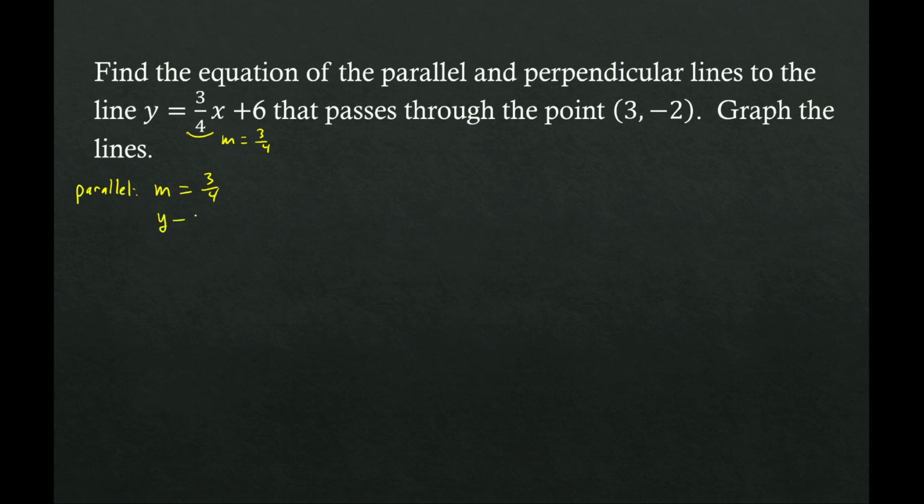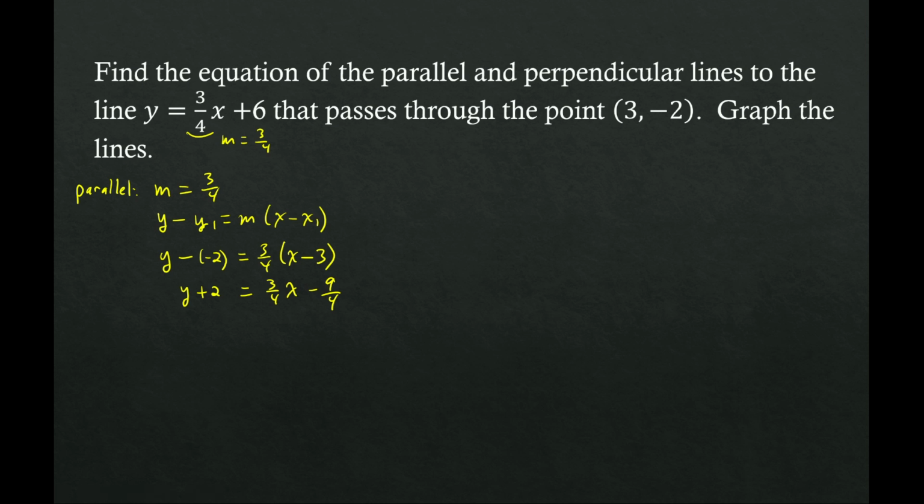So y minus y1 is equal to m times x minus x1. So y minus negative 2 is equal to 3/4 times x minus 3. So y plus 2 is equal to 3/4 x minus 9/4.